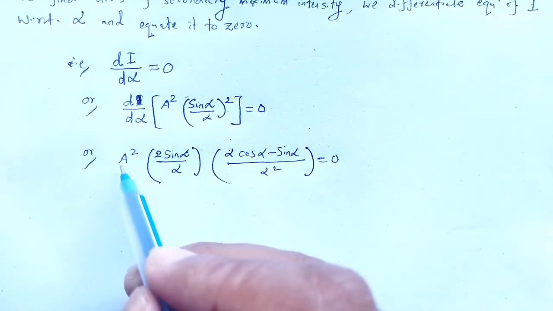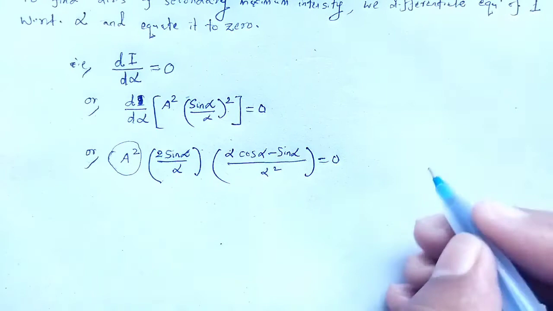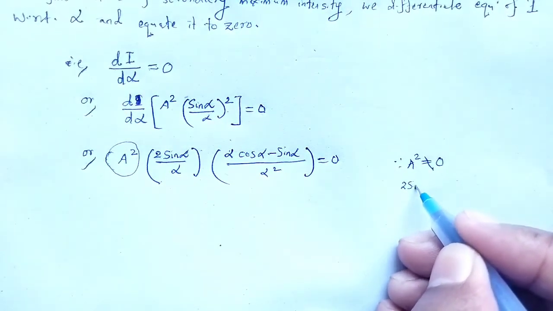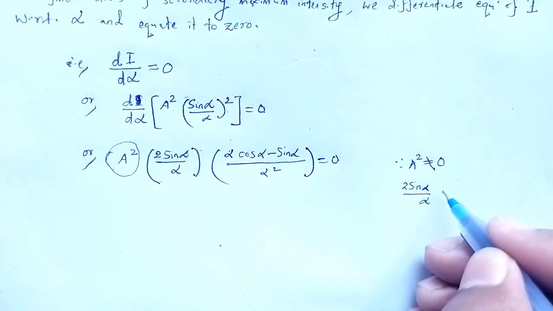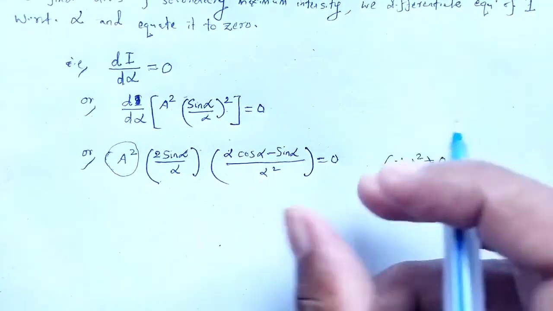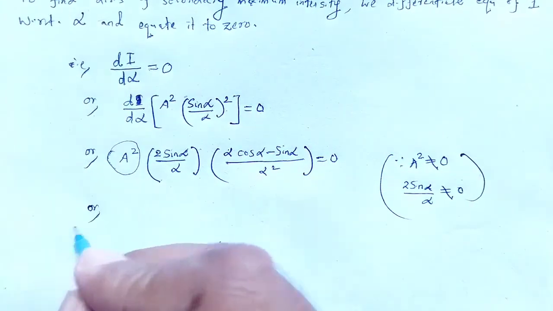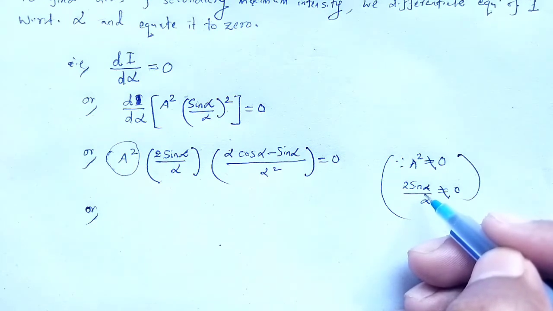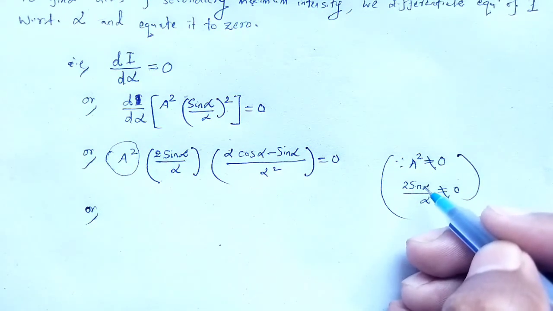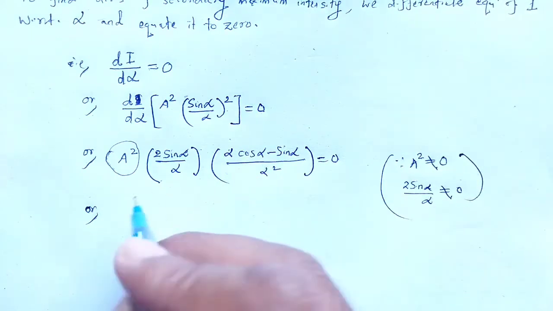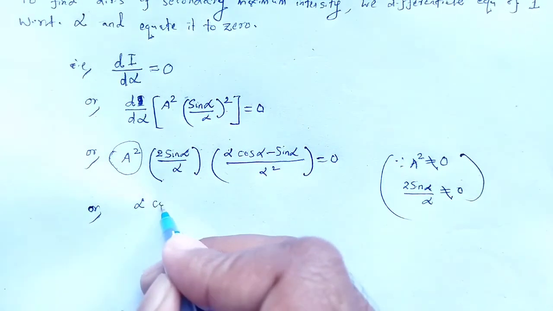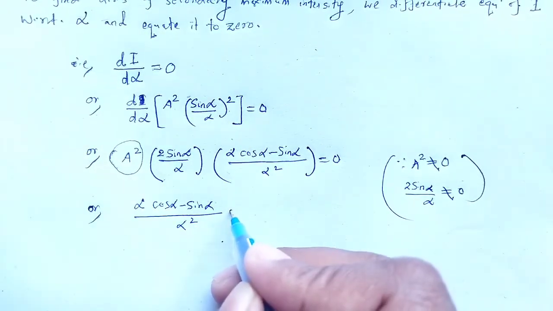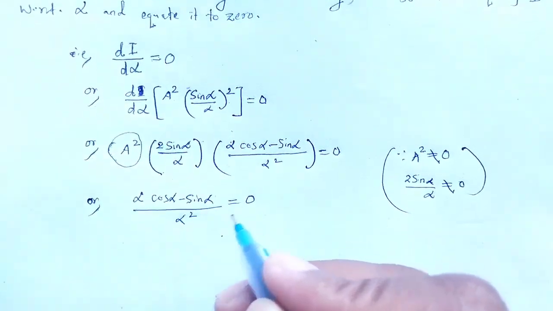Look at that expression: the term a square is not equal to 0, and 2 sin alpha by alpha, as alpha is not equal to 0. Therefore, that term must be equal to 0. For alpha equal to 0, we have the maximum intensity. When that term is not equal to 0, the term alpha cos alpha minus sin alpha divided by alpha square is equal to 0.